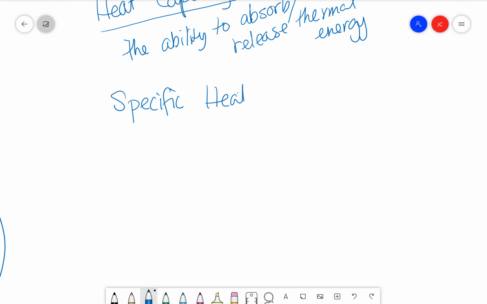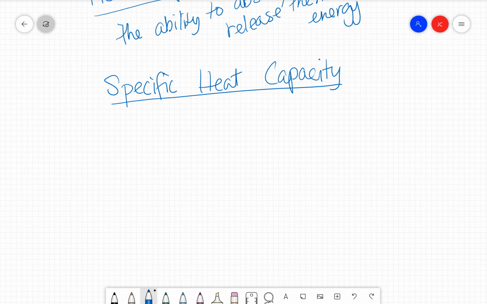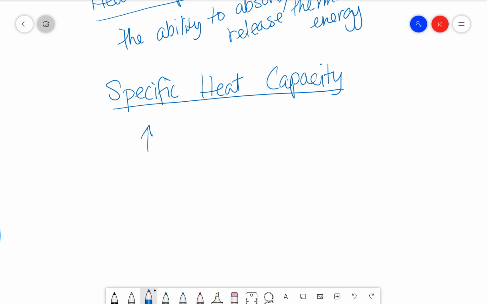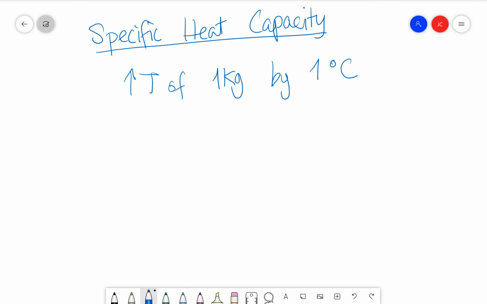The specific heat capacity is a concrete number, and it's the amount of heat energy needed to raise the temperature of 1 kilogram of a substance by 1 degree Celsius. You don't really need to know this, but I'm providing it in case you care.